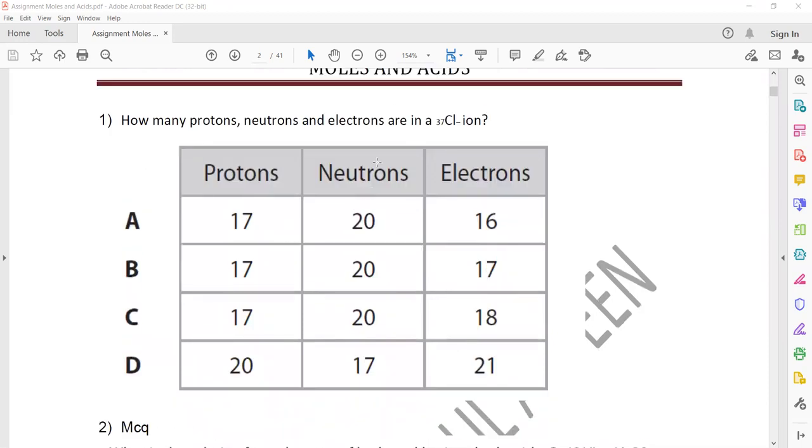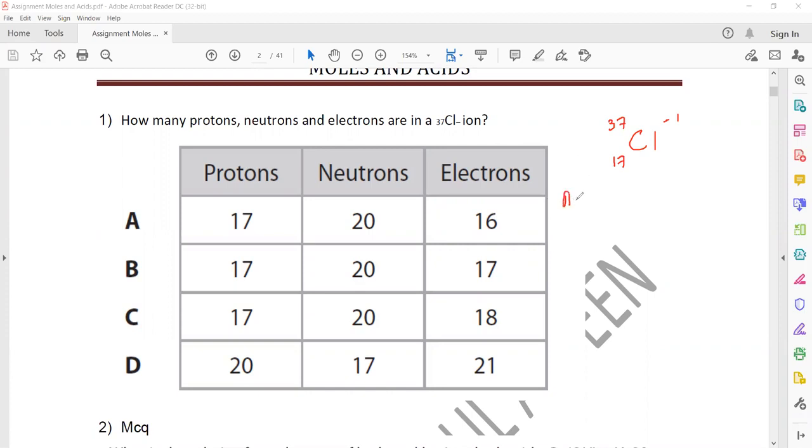In the first question, how many protons, neutrons, and electrons are there in a chloride ion with a mass number of 37? So when we check the periodic table, we'll find that chlorine's atomic number is 17, but this is a chloride ion. So it is 17 and 37 with a charge of -1.